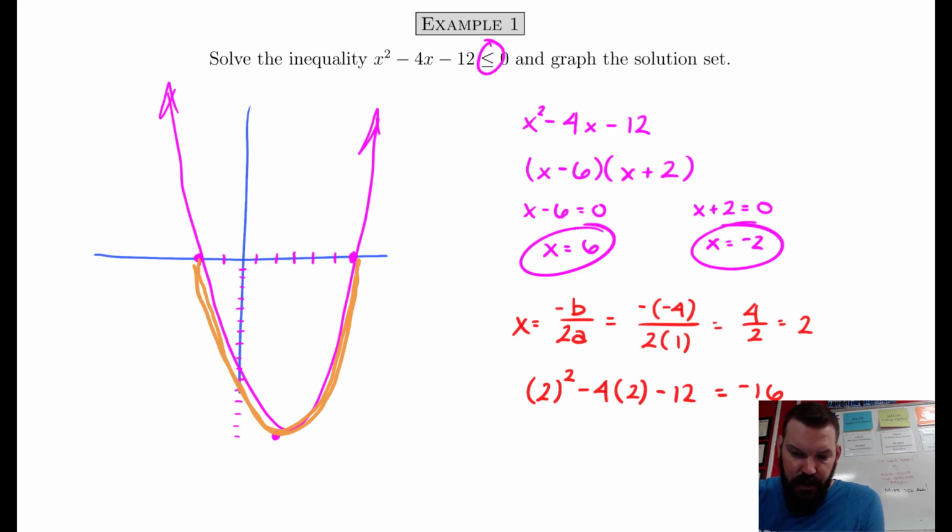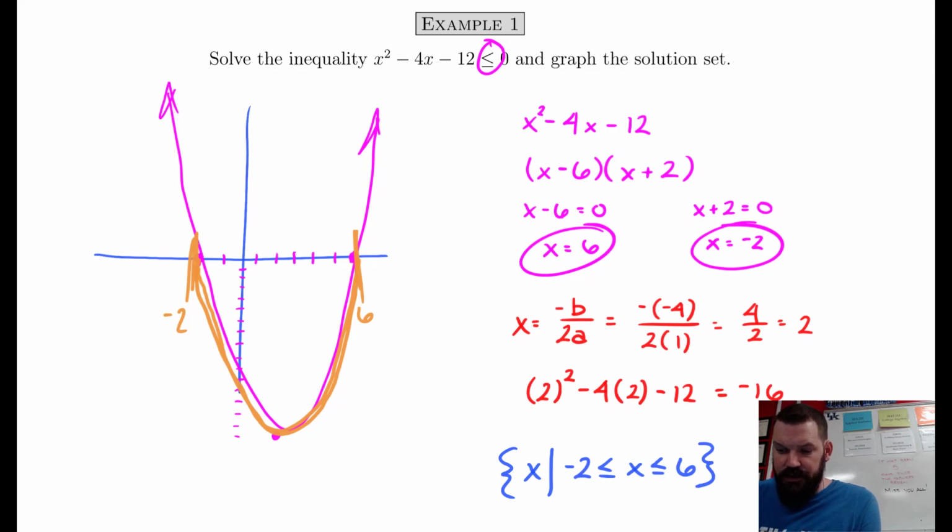So it's from our x-intercepts of -2 and 6, and because the inequality is less than or equal to, we will include those values. So the solution set will be x such that -2 is less than or equal to x less than or equal to 6. That is your solution set for that inequality.